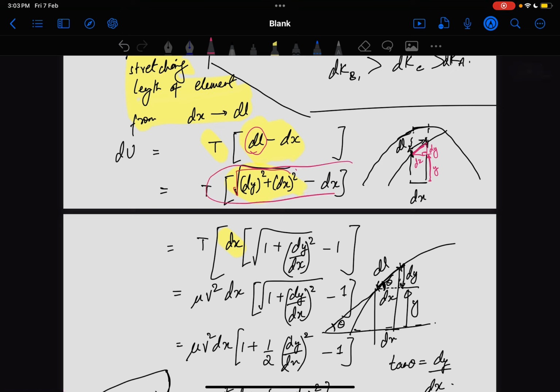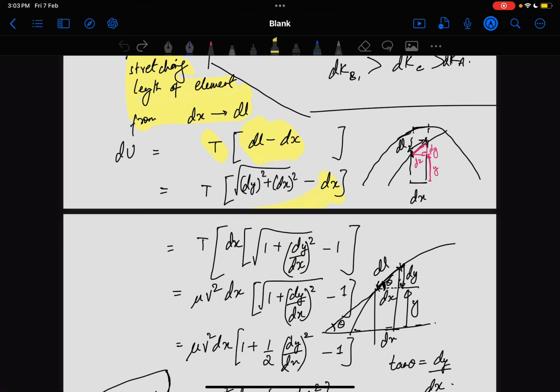If you take dx as common, then the inside quantity will be root of 1 plus (dy by dx) the whole square, and dx is taken out as common, right?